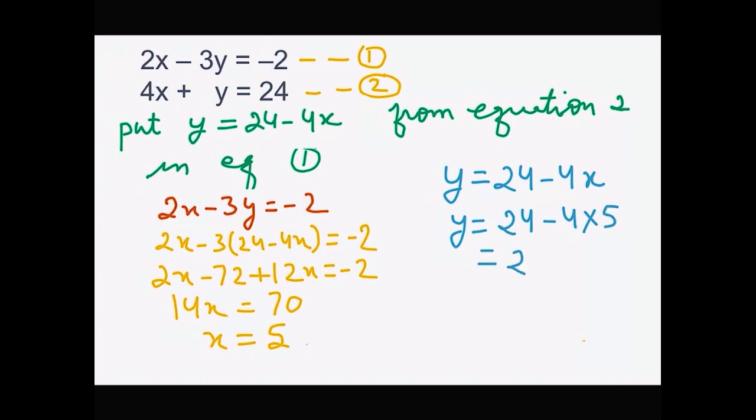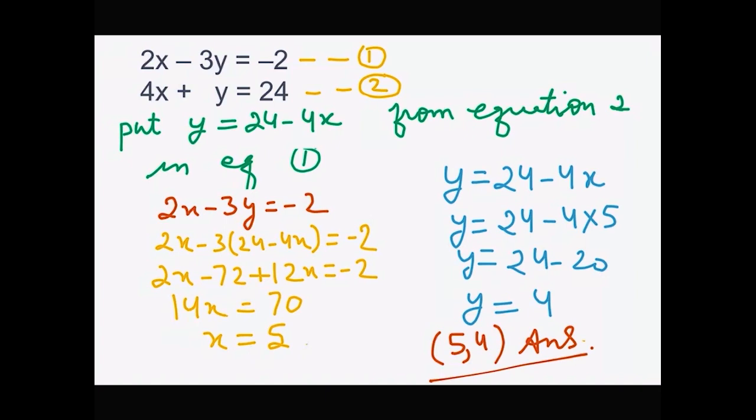So here you'll get 24 minus 20, so your y is coming 4. So overall, what are the values of the solution? Your x is 5 and y is 4, so this is your answer. I hope this method is clear to all of you.